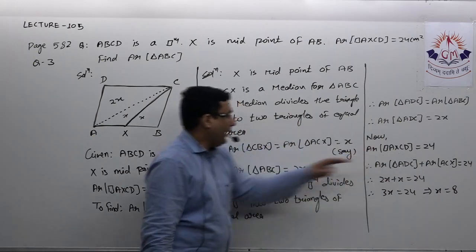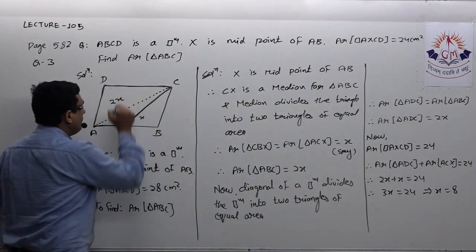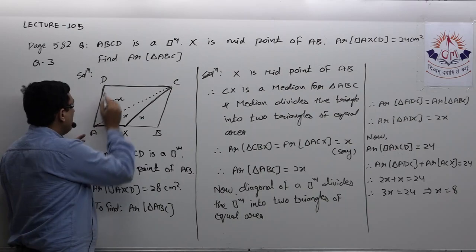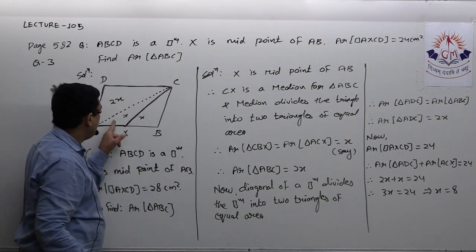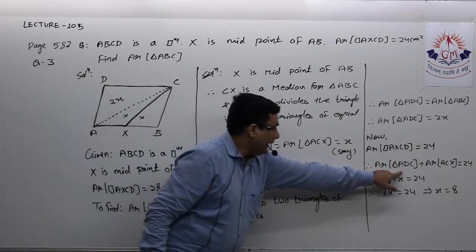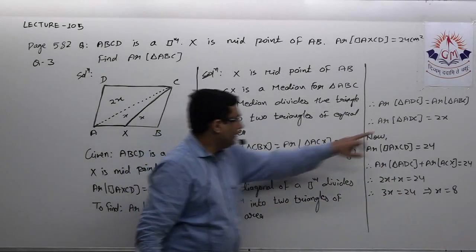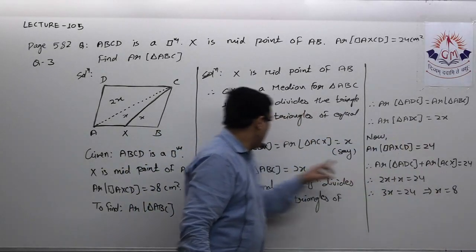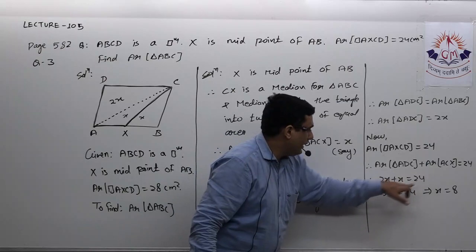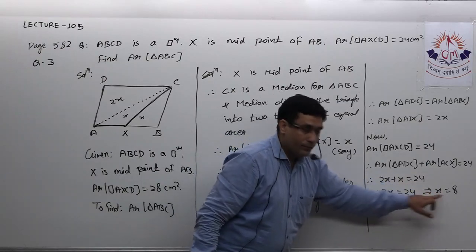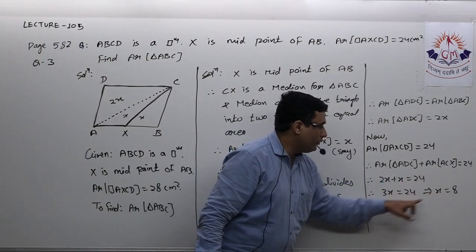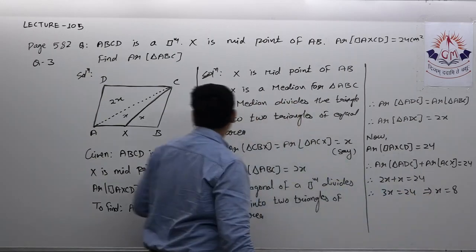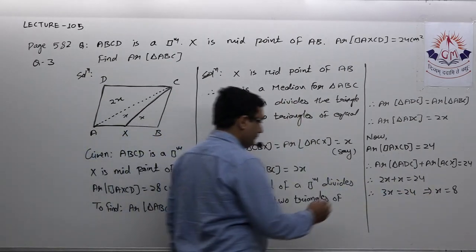AXCD is 24, and AXCD can be written as triangle ACD plus triangle AXC. ADC we obtained as 2x, and ACX we obtained as x. So their sum is 24. So 3x equal to 24, that is x equal to 8. Now what we need to find? ABC.